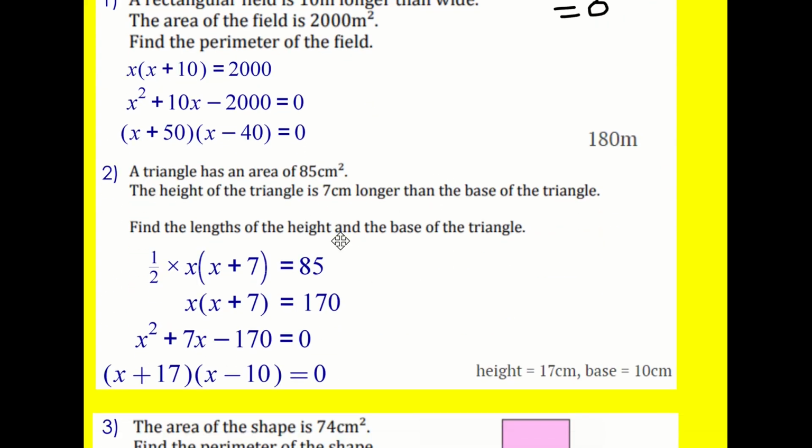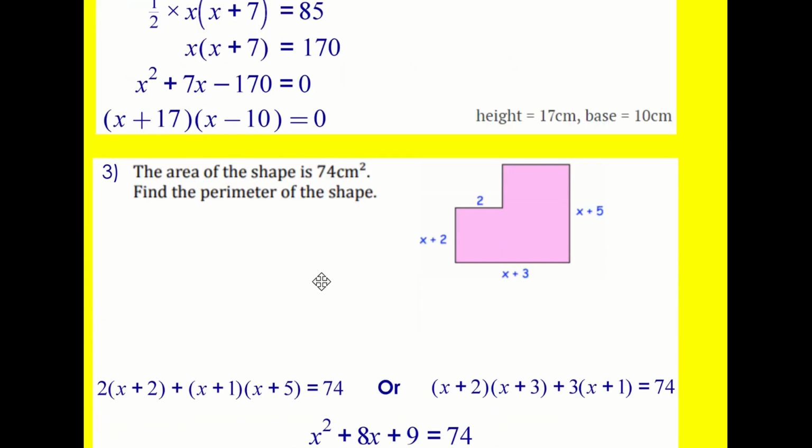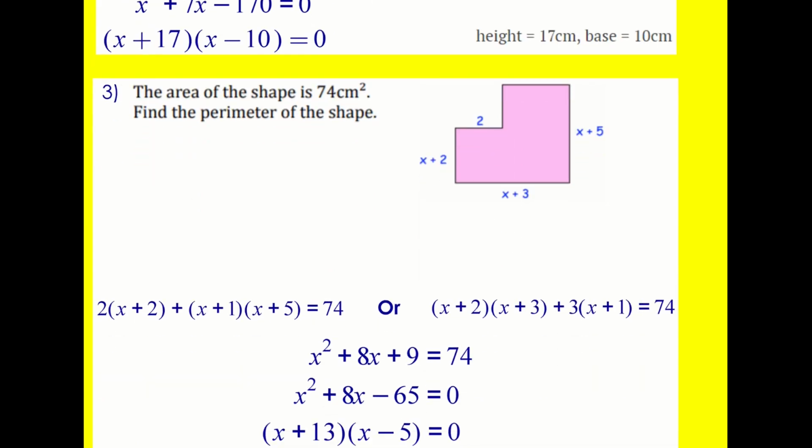Similar to the triangle, but it's half base times height, same process. Solve the quadratic, reject the negative solution. Base is 10, height is 17. Number 3, get this written down in terms of x. There are 2 clear ways you can split your shape.